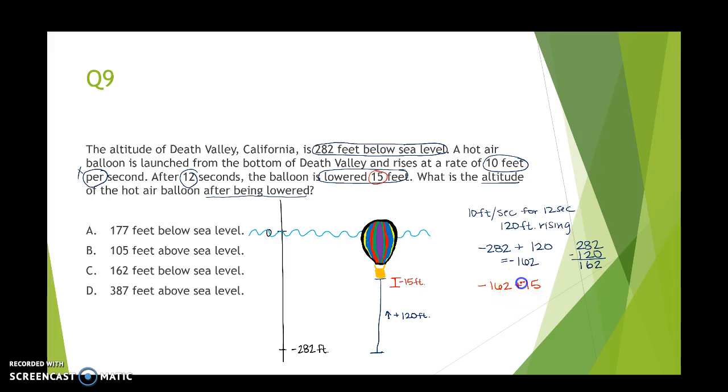So adding a negative, negative plus negative, so same sign add. So 162 plus 15, 5 plus 2 is 7, 6 plus 1 is 7, and 1. So 177, and we're going to keep our sign. So we are at negative 177 feet. So that puts us at 177 feet below sea level.